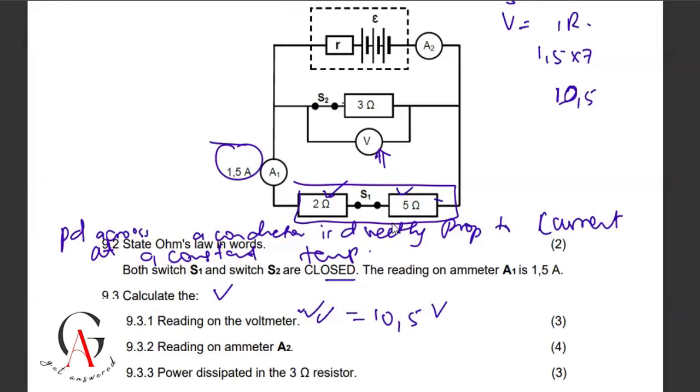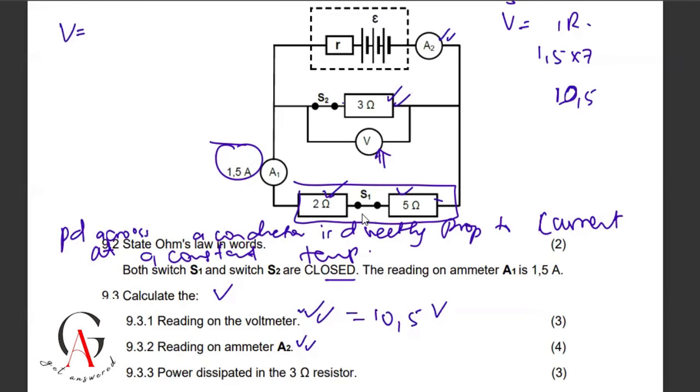Then 2, they want the reading of A2, which is the total current. For us to get the total current, is that going to make sense? I believe it should. If the voltage here is 10,5, let's get the current there.